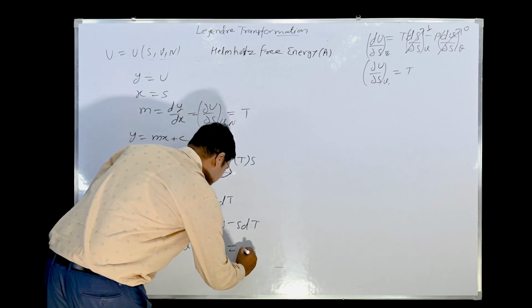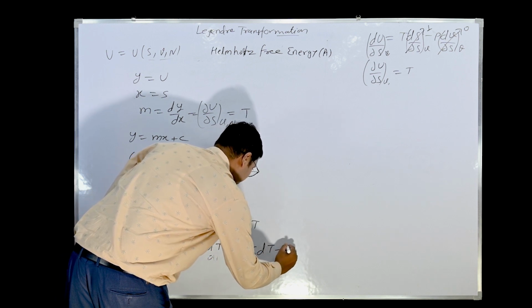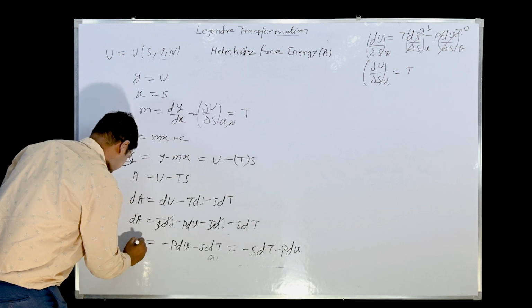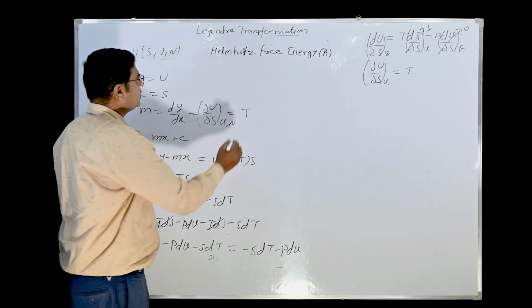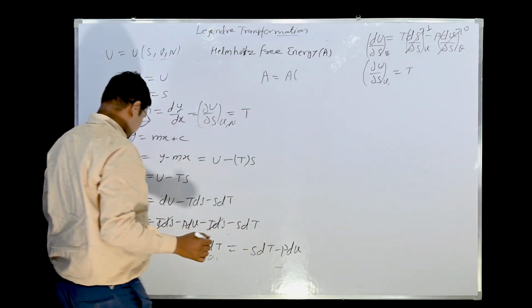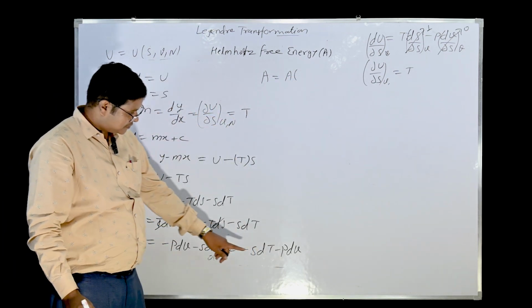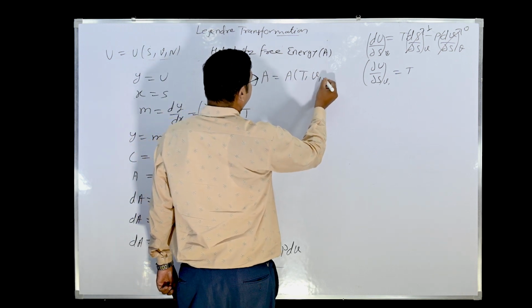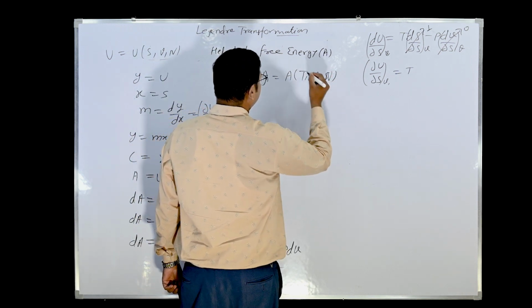Let's rearrange it: minus SdT minus PdV, that is what is dA, or we can say that A is a function of T and V, and if N is there then N.